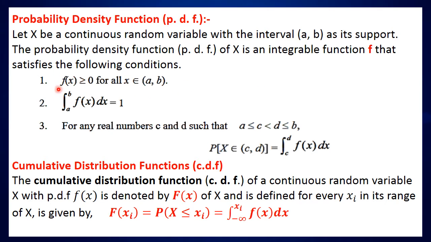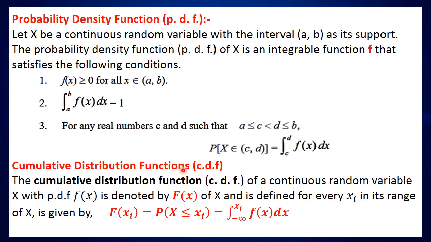The first one is f of x greater than or equal to 0 for all x belongs to the open interval AB, and integral a to b f of x dx is equal to 1, and for any real numbers c and d such that a less than or equal to c less than d less than or equal to b, meaning the open interval cd is a subinterval of the open interval ab, then p of x belongs to cd is calculated by using integral c to d f of x dx.